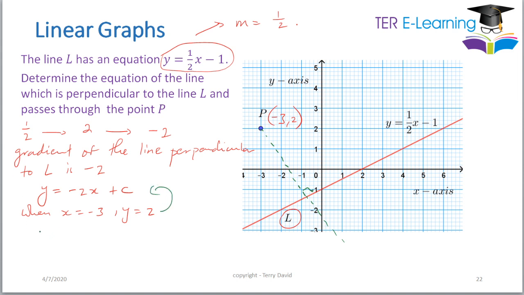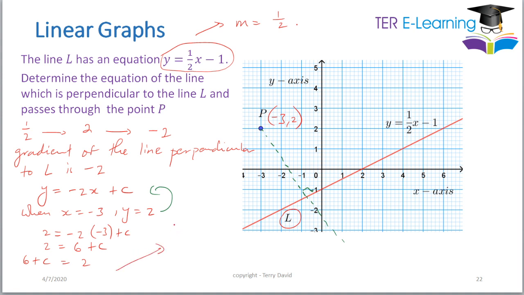So what I'm going to end up with is 2 is equal to minus 2 multiplied by minus 3 plus c, right? So therefore 2 is equal to minus 2 multiplied by minus 3 gives me 6, plus c. So therefore 6 plus c is equal to 2, right?